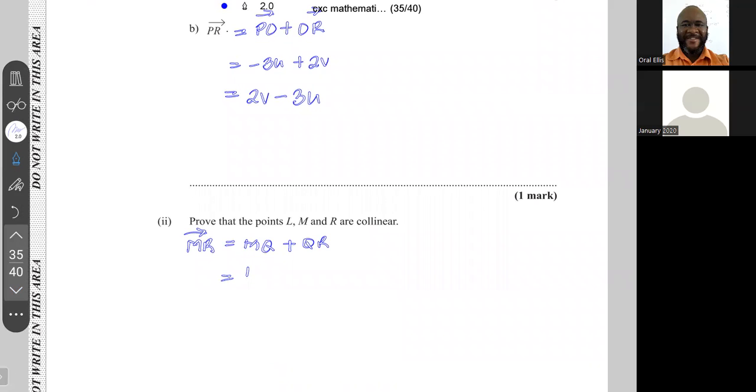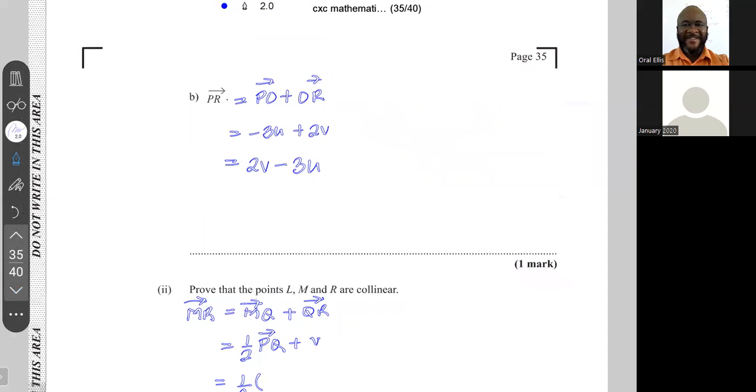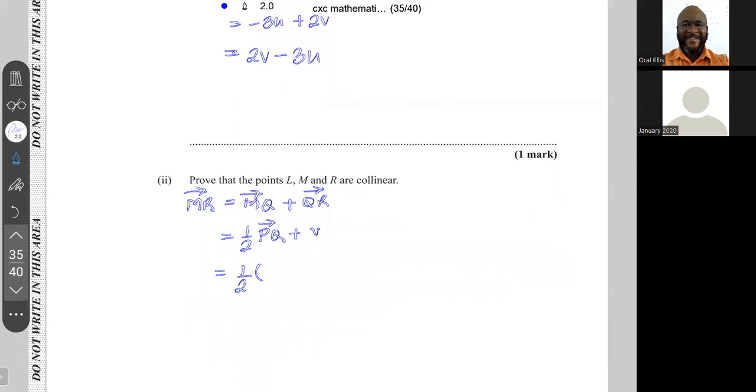MQ is a half of PQ, and QR is V. I think that this is actually a half of V minus 3U. Not sure, let's check it out.